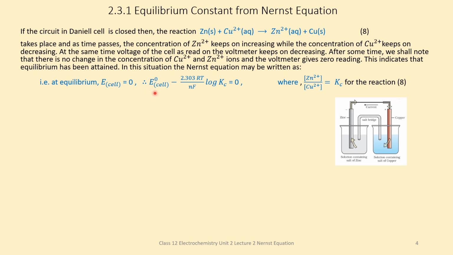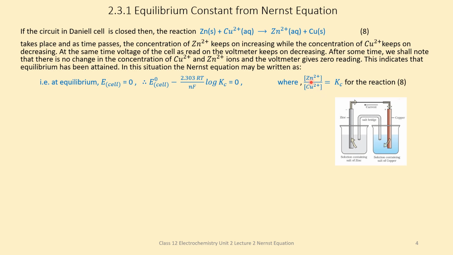Hence the Nernst equation can be written as E naught of cell, that is the standard electrode potential of the cell, minus 2.303 into R into T divided by NF into log of Kc, where the value of Kc is Zn2 plus over Cu2 plus, that is the product to reactant.